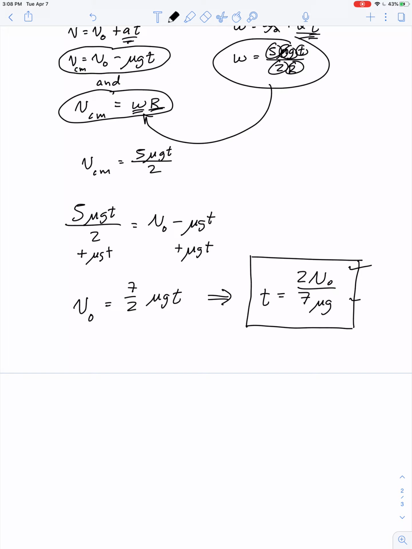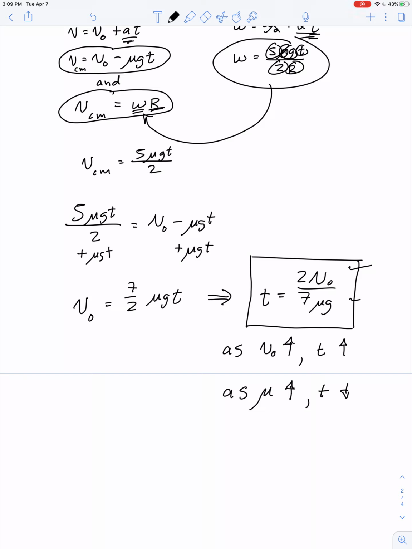Meaning, as v naught goes up, the time it takes to reach a state of pure rolling motion also goes up. And that makes sense. The faster it comes out of your hand, the more time it's going to spend in its sliding phase. Likewise, this equation tells us as the coefficient of kinetic friction goes up, the time goes down.